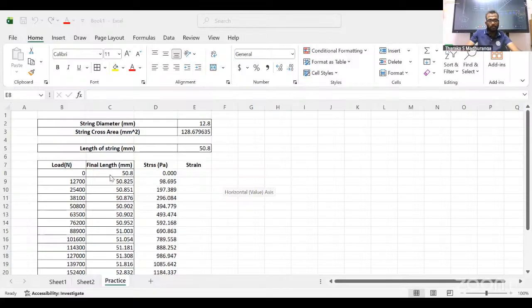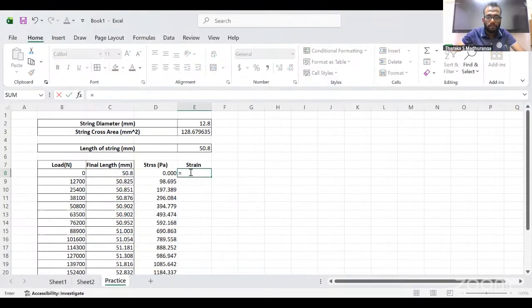Extension over initial length. Okay, now extension over initial length. You have to type a function: equal, extension means final length minus initial length. Final length 50.8. Yeah.